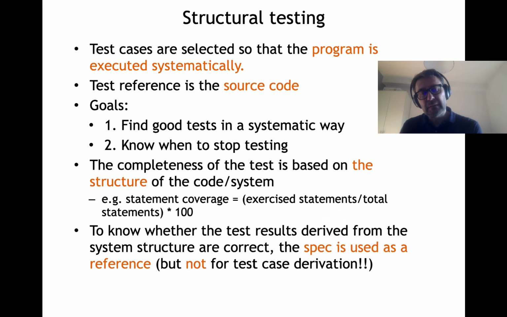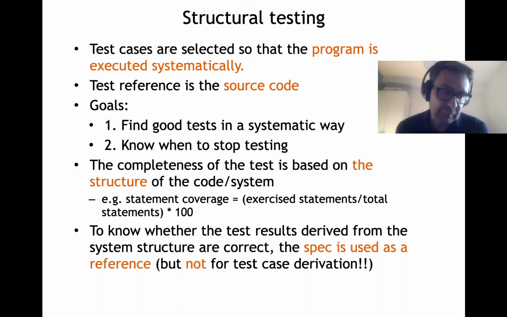How complete our testing is in this paradigm is based on the structure of the code. Once we decide which part of the code structure is our focus, we count what percentage of that structure we have covered.